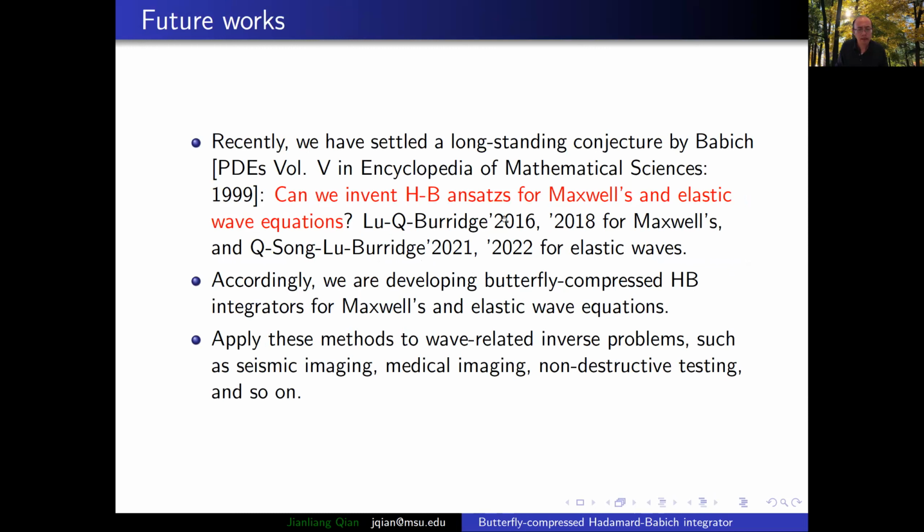Babich ansatz was only proposed for the Helmholtz equation. For the Maxwell equation and the elastic wave equation, it was developed by us, my postdoc and the other postdoc, together with Babich, for Maxwell and for the elastic wave equation.